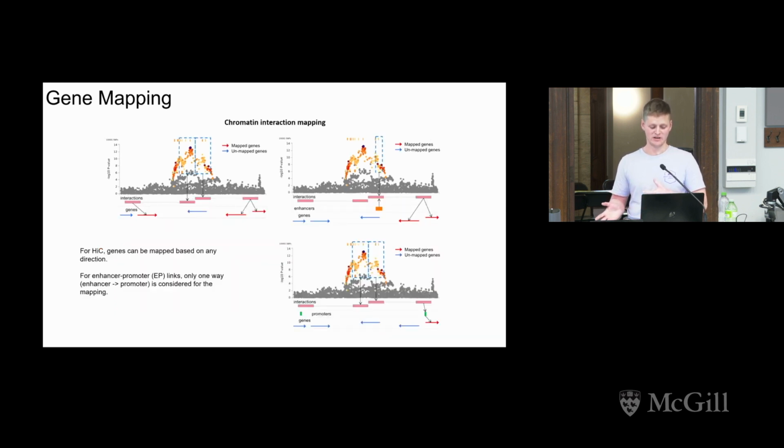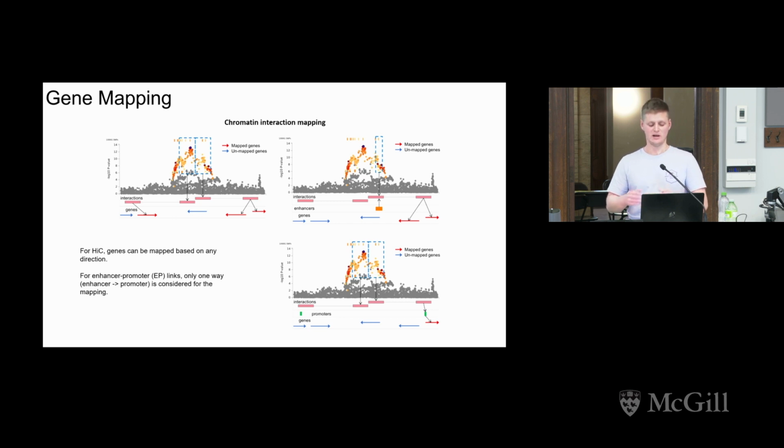And then the third type of gene mapping is the chromatin interaction. The way I talked a bit more about how the chromatin's organized in 3D space, we have these data sets that connect two regions together. And you can say that if a region that's mapped to my candidate SNPs is in 3D space close to another gene's promoter, that gene is now mapped to that locus as well.